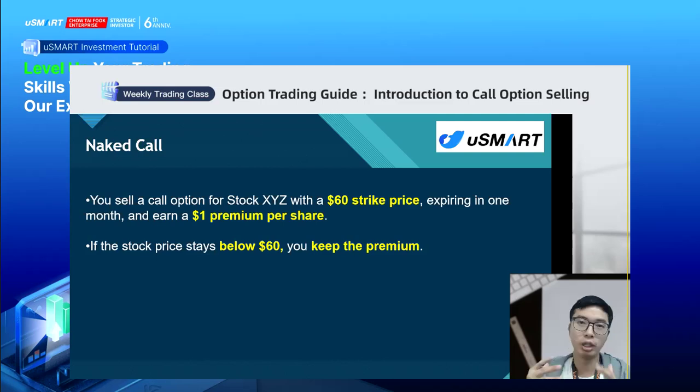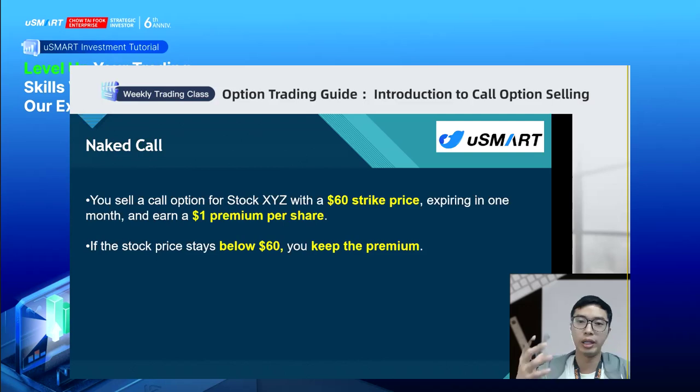So if the stock price stays below 60, you keep the premium, right? Because we as a seller don't want the price to go up. We want the price to stay sideways or go down, because we as a counterpart of the call buyer always want the price to go up to earn.